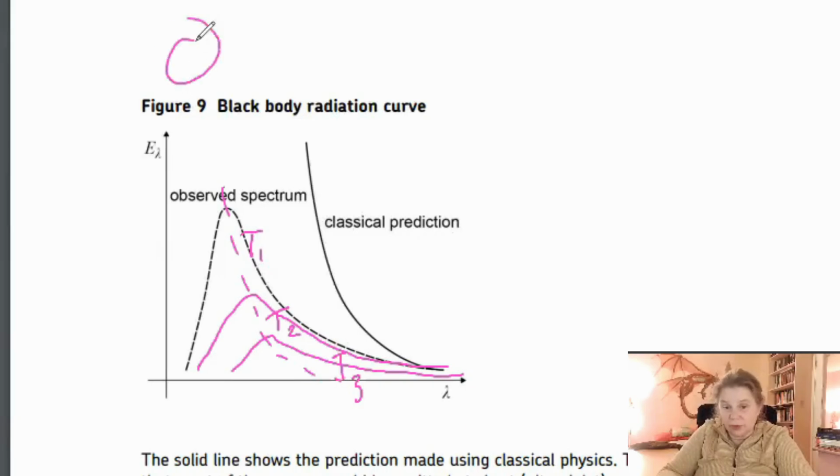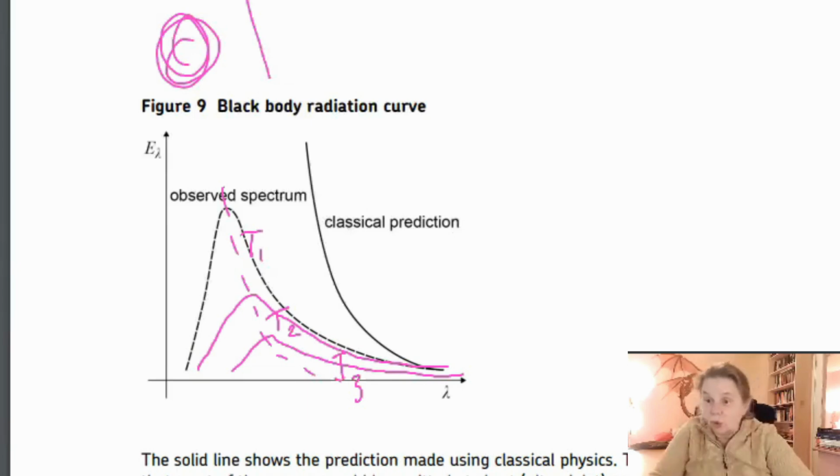In this ultraviolet region, the classical prediction is basically infinity. It goes off up here, and that's not what we see. So any theory that we come to explain the observed black body radiation has to explain why this ultraviolet catastrophe doesn't happen.